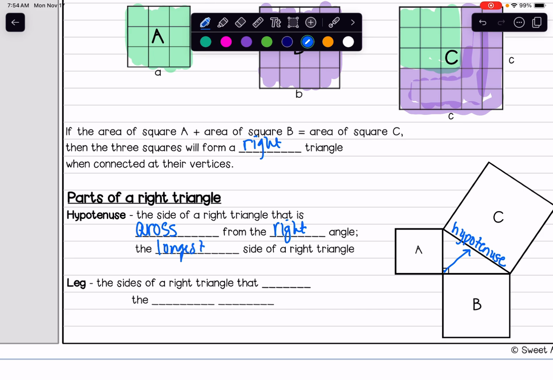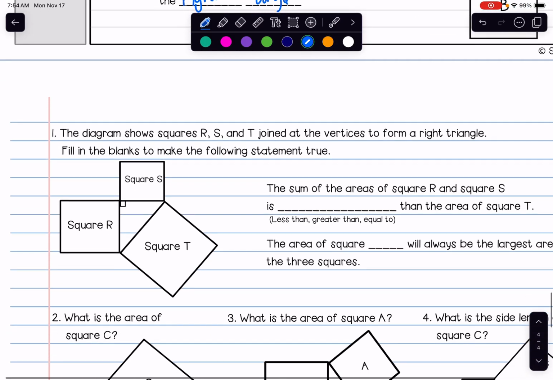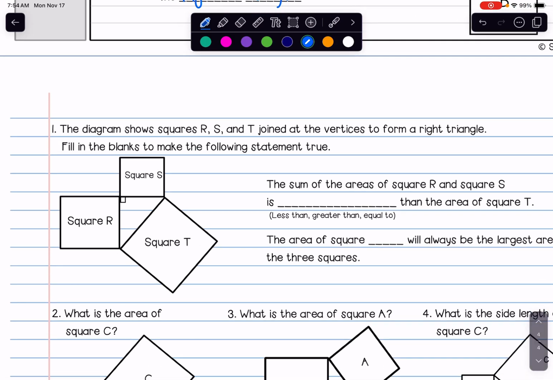Your legs are the sides of the right triangle that form the right angle. So this is a leg and this is a leg. So you are always able to determine which one should be your biggest one, because if you draw that arrow directly from that right angle, it always points to your biggest one.